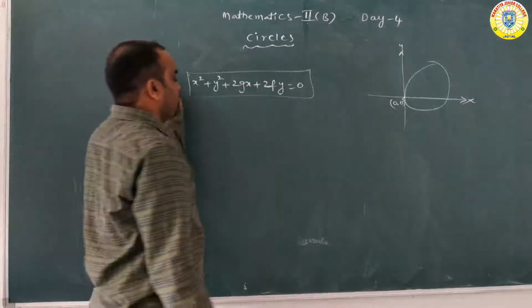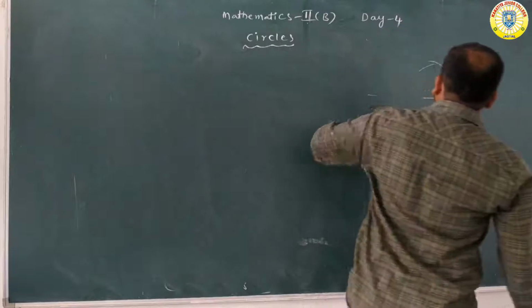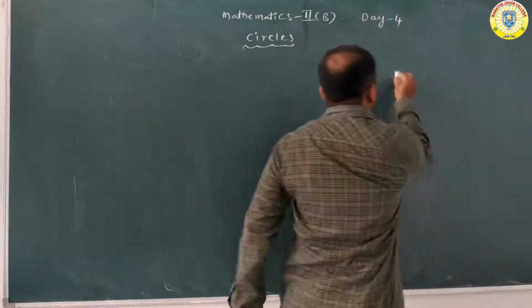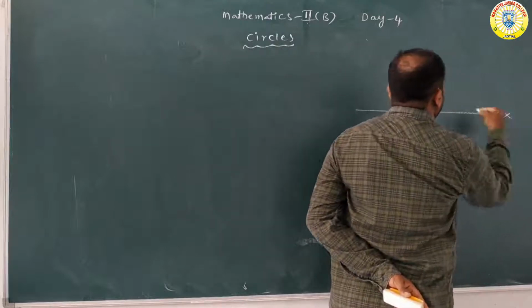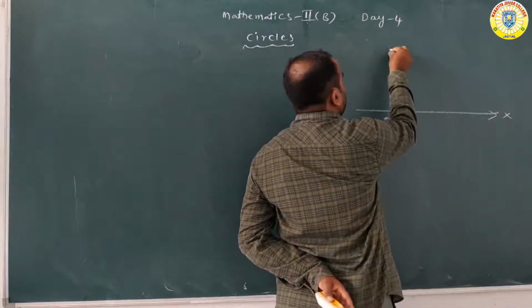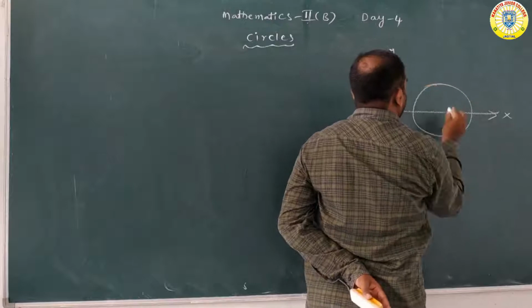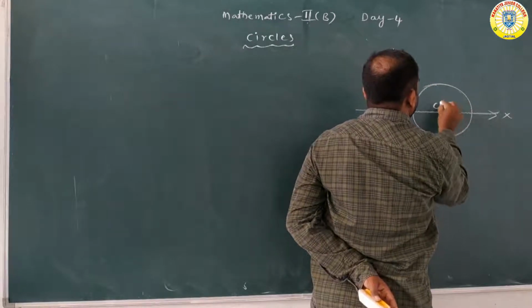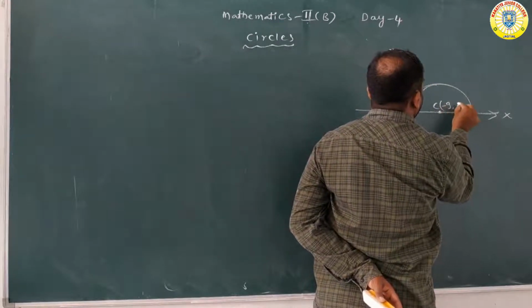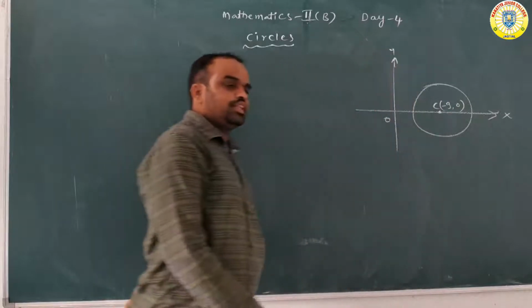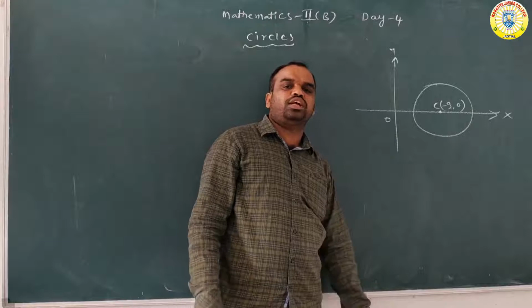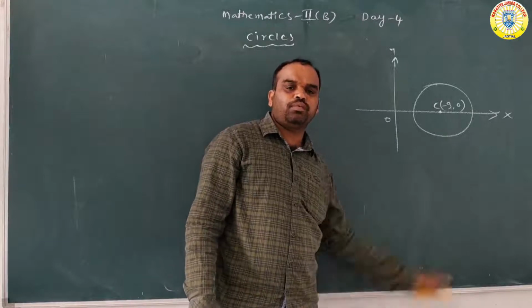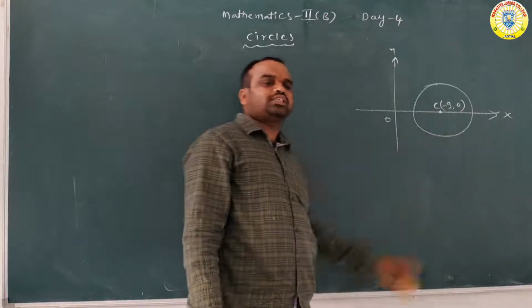Next, suppose the center of the circle lies on the x axis. Any point that lies on the x axis must have its y coordinate as 0.